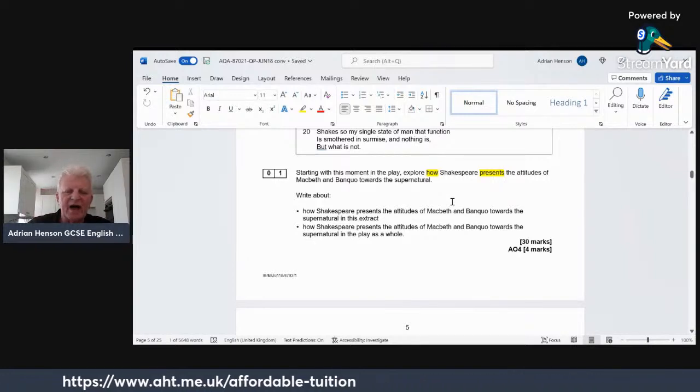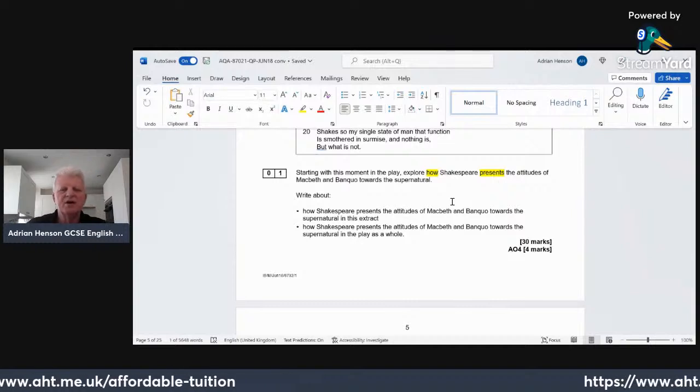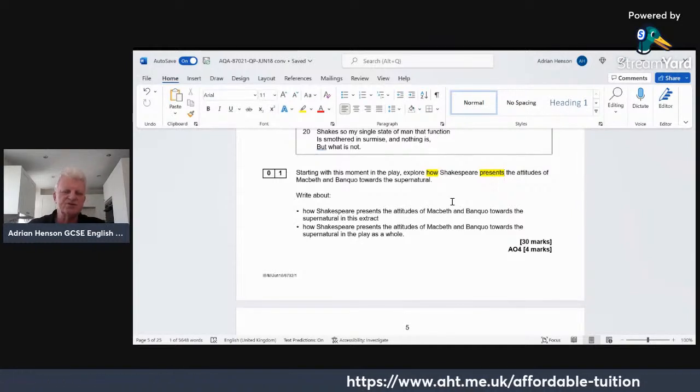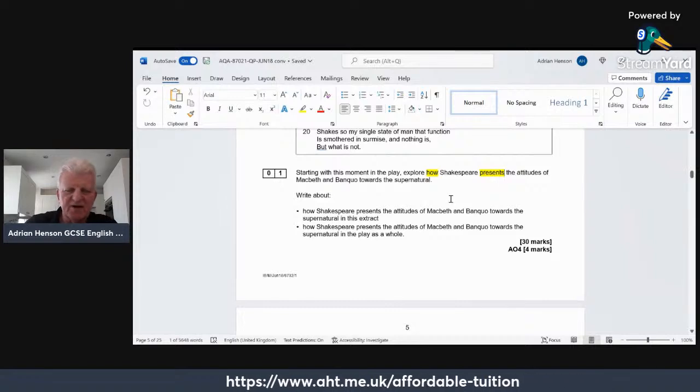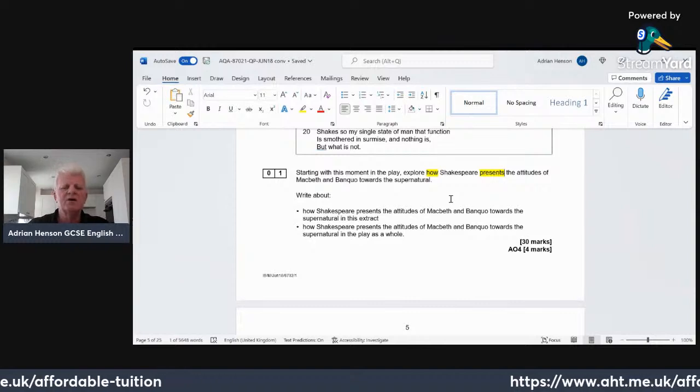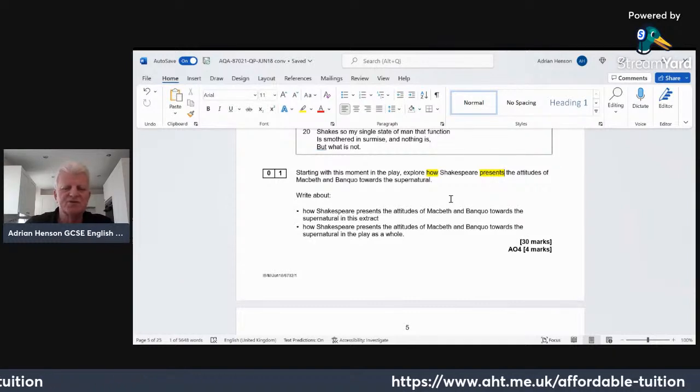So if it's going to add excitement or tension, the way the play runs, the language that's used, the interaction between the protagonists in the play, all add up to how Shakespeare presents the attitudes.